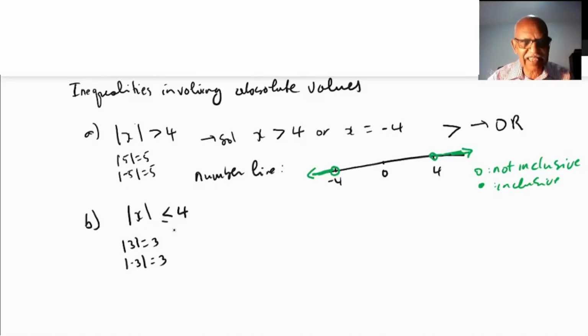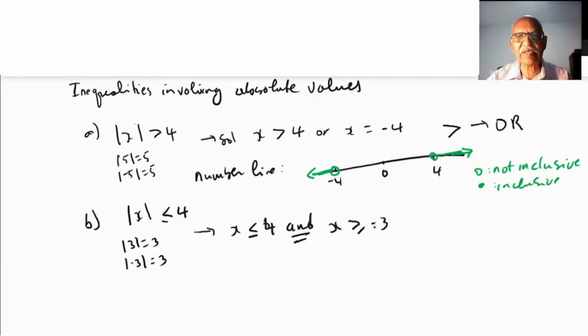Therefore, whenever I have less, I always say x should be less than or equal to 4, and x must be greater than or equal to negative 4. This is and, they are related. So it must satisfy the same condition here, x less than 4, and it must be greater than minus 4.